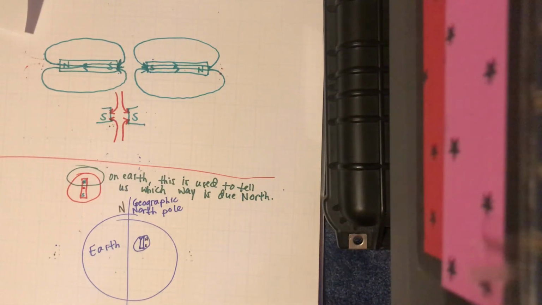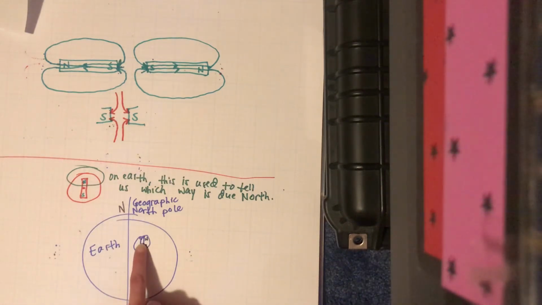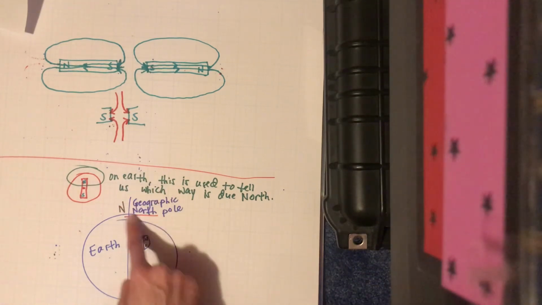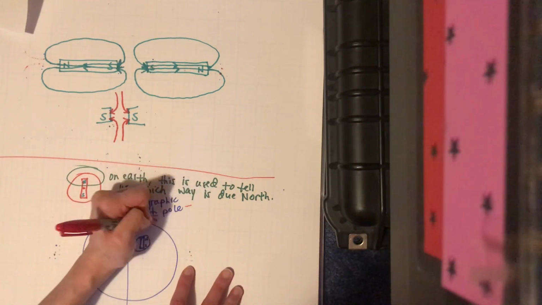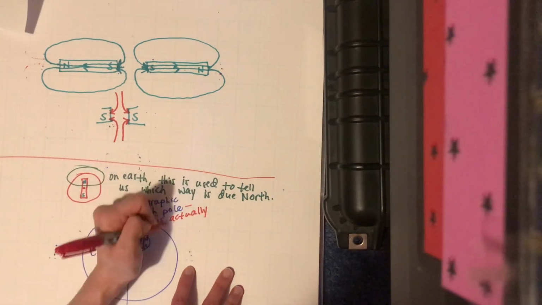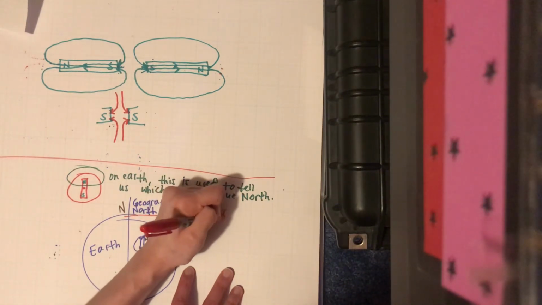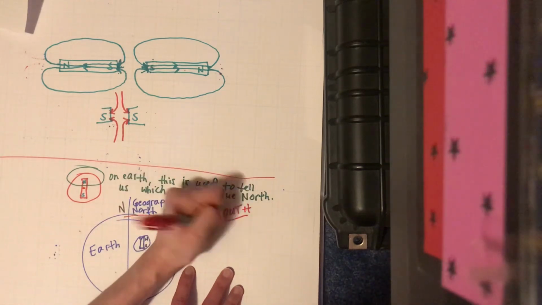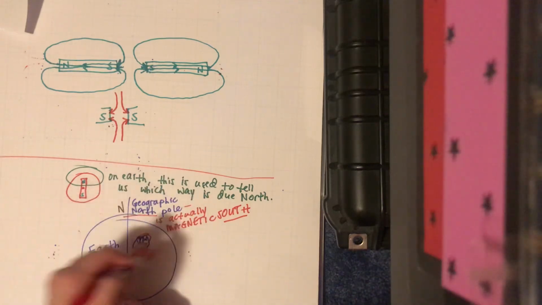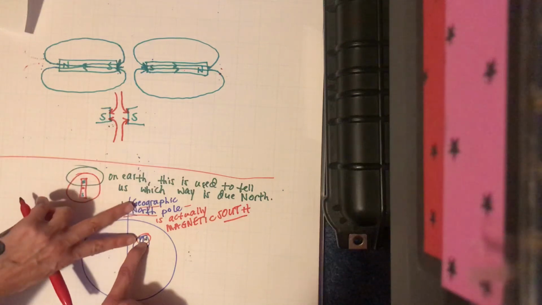Well, I just want to make a point to say to you that actually the north on your compass is attracting to geographic north because geographic north is actually magnetic south. And that is how the North Pole on your compass can attract to geographic north, even though they appear to be like poles. They aren't.